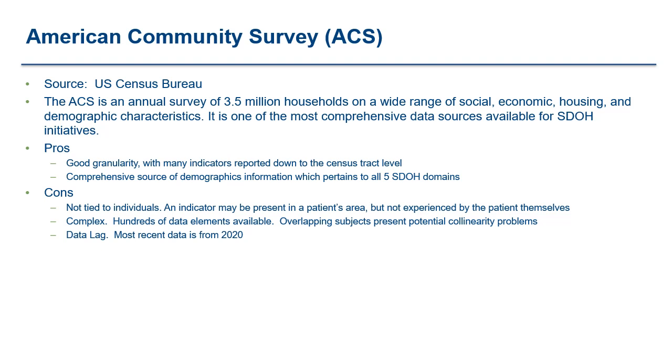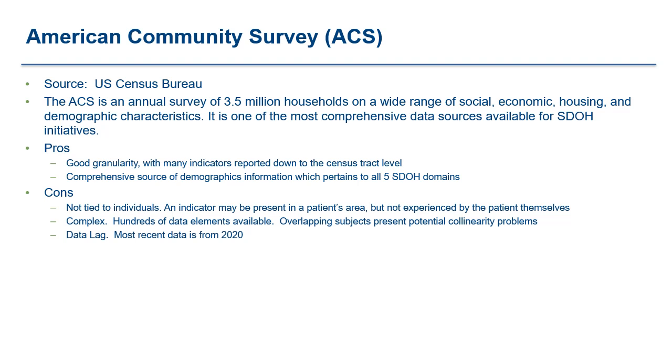But the problem with that is it's still summary level at the census tract or the zip code level. So it is not tied to the individual. You may have an indicator present in a patient's area, but it is not necessarily experienced by the patient.